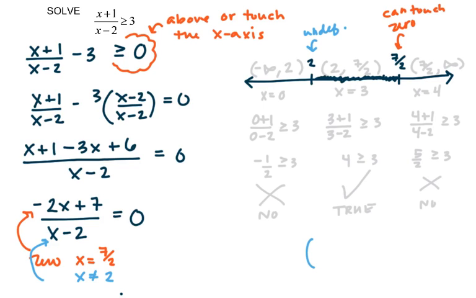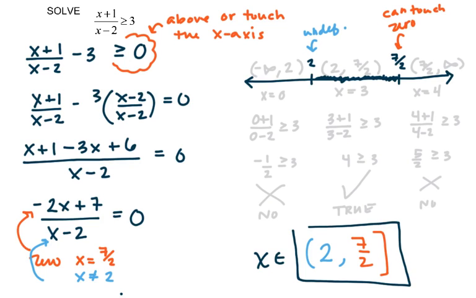So I'm going to say 2, but I can touch 7/2 because it's a 0. So I use a bracket because that was what was indicated by the original inequality. So x is some number in this set from 2 to 7/2, can't equal 2, could equal 7/2.